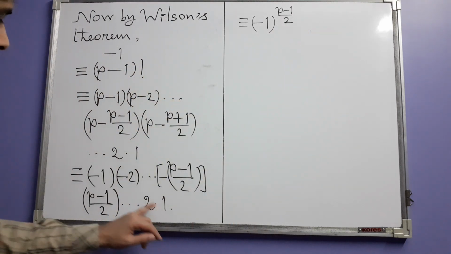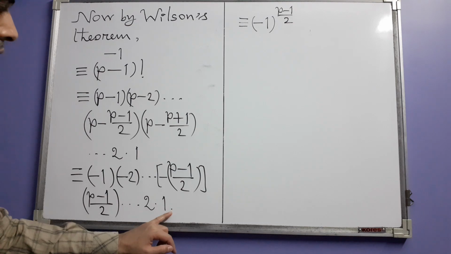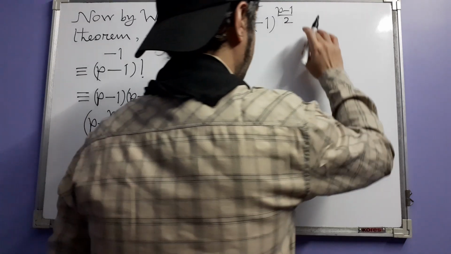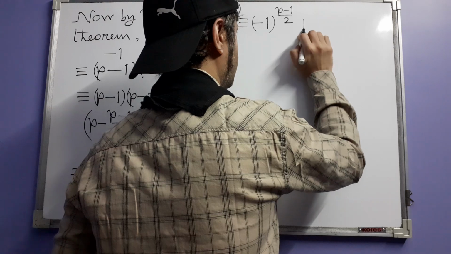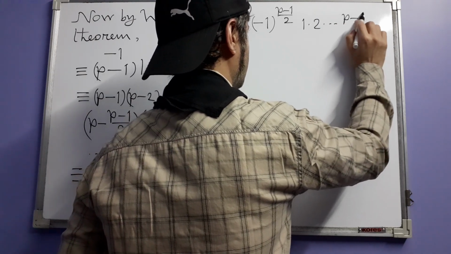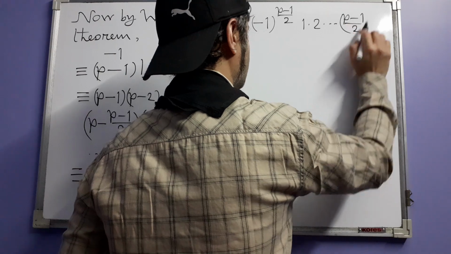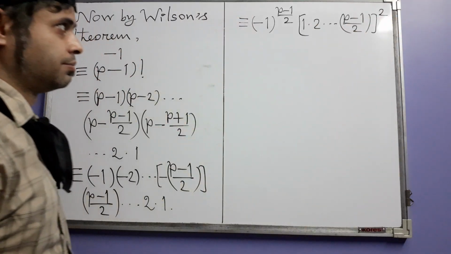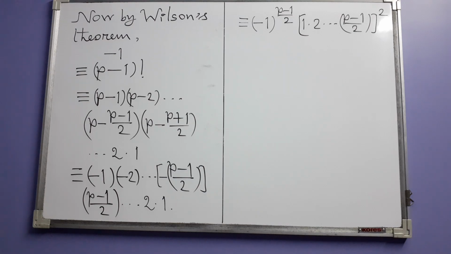And then you consider the integers which got repeated. Each one gets repeated, and that is how you get 1 times 2 times up to this, squared.